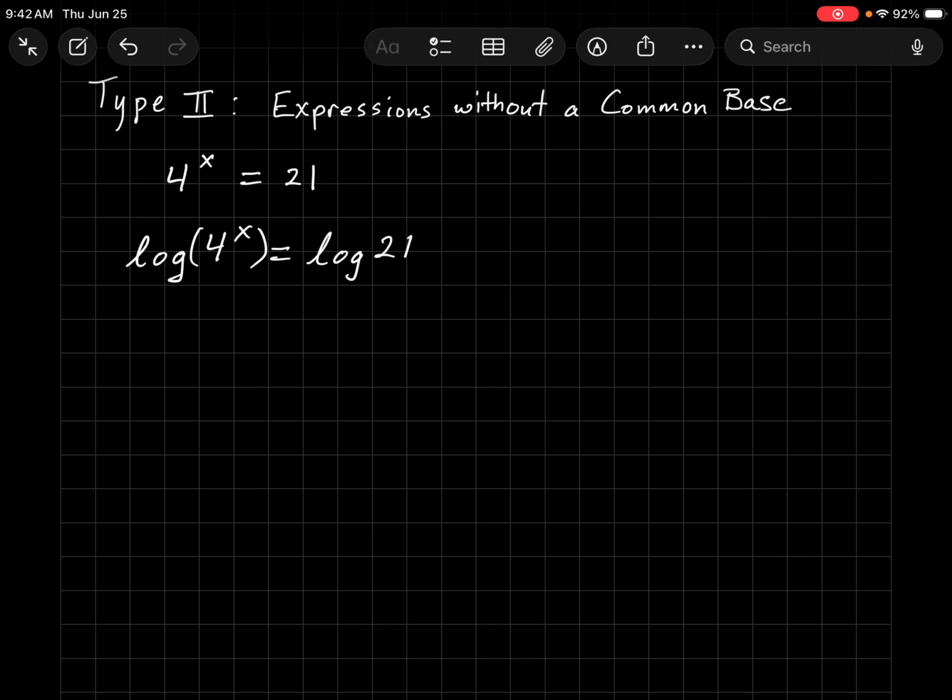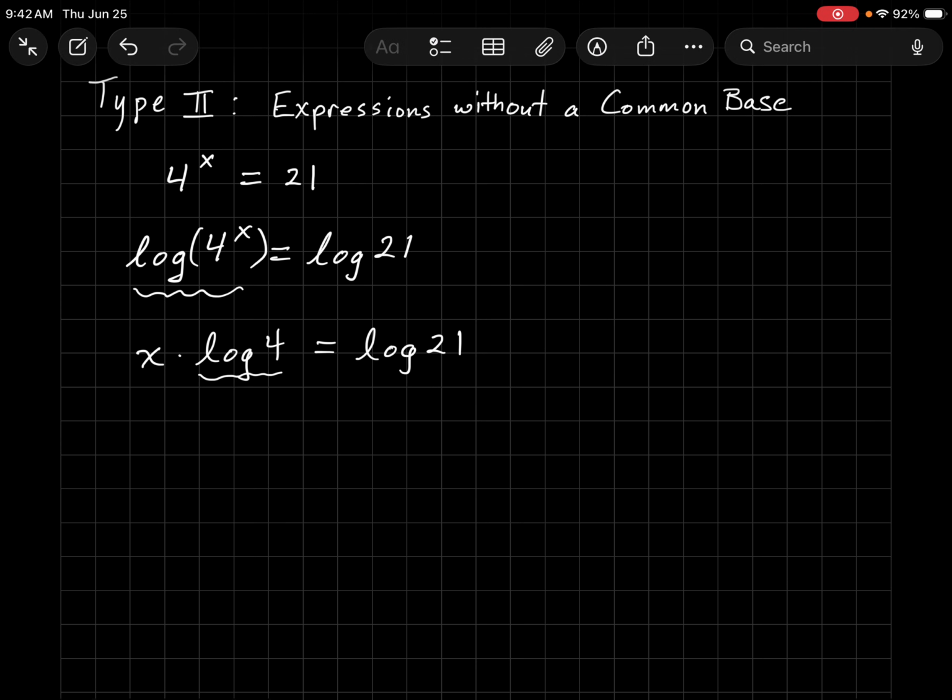When I have the log of something to a power, we can rewrite this one by bringing the power down in front, giving me x times the log of 4 equals the log of 21. Now the log of 4 is one single number. It's not log times 4. It's some decimal.